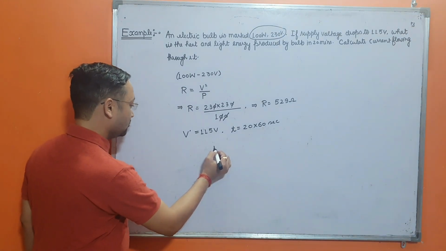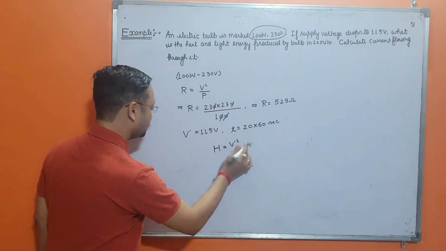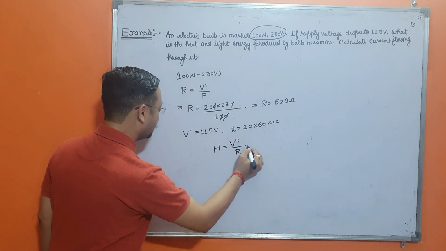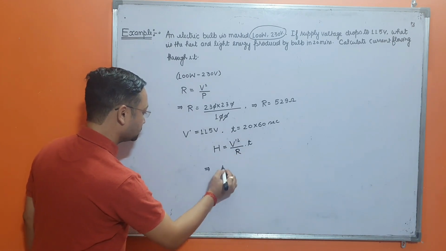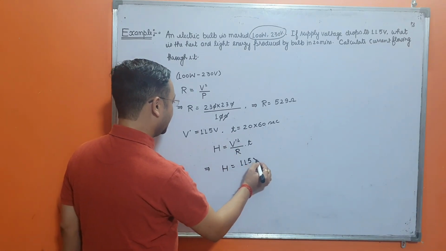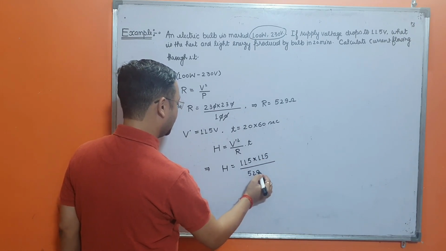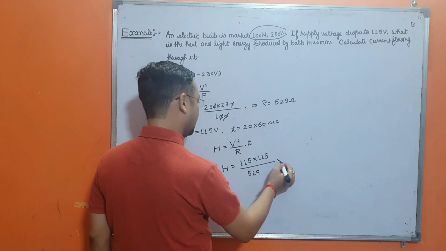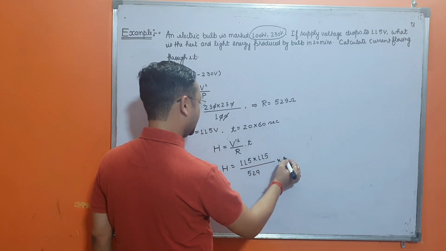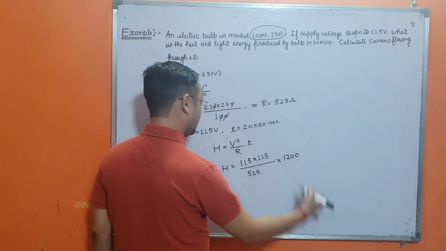So now heat. What formula for the heat do we have? We know V dash square divided by R into T. This is the formula for the heat produced. H will be equal to V square, that is 115 into 115, divided by resistance, that is 529, and the time will be 20 into 60, that is 1200 seconds.